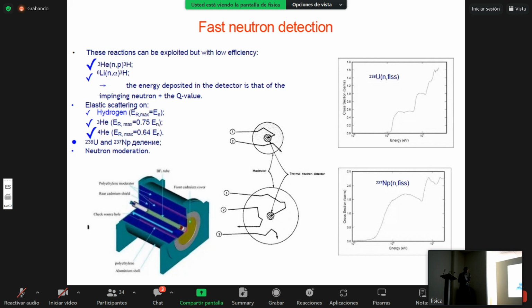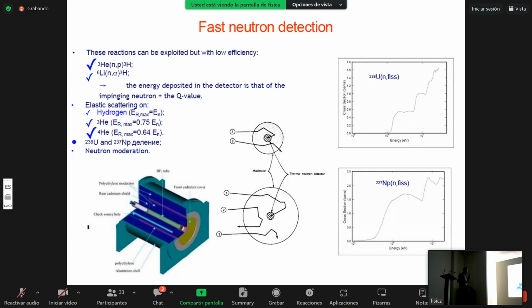In some cases, we use methods that first moderate your fast neutron, making it slower, making it thermal. You surround a conventional thermal neutron detector with materials that serve as good moderators, for example, polyethylene.